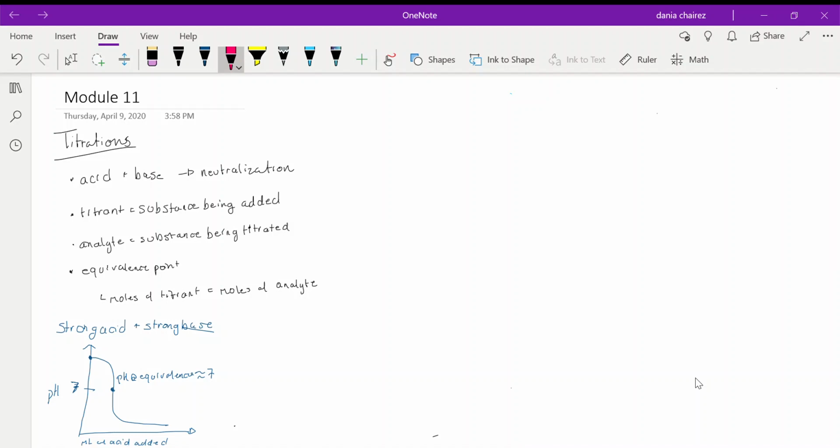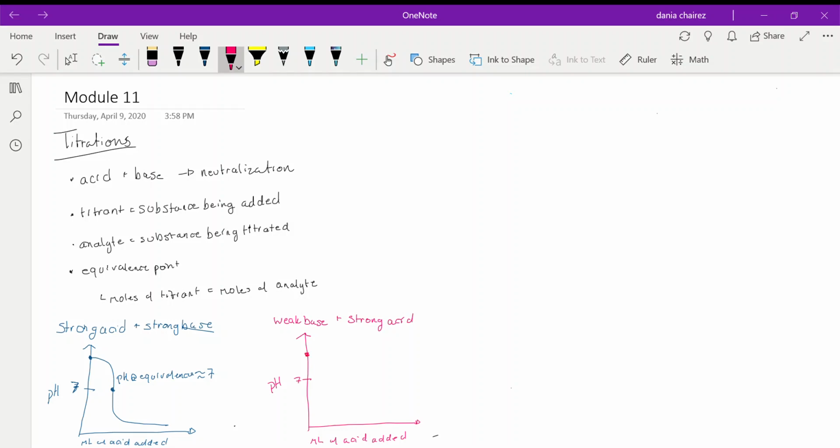So now let's say that we're doing a weak base being titrated with a strong acid. This one essentially has the same axes, with pH on the y-axis. I'm going to say this is 7. And our titrant is still an acid, so it's still going to be milliliters of acid being added. Like I said, this is a general graph, so above 7 anywhere.